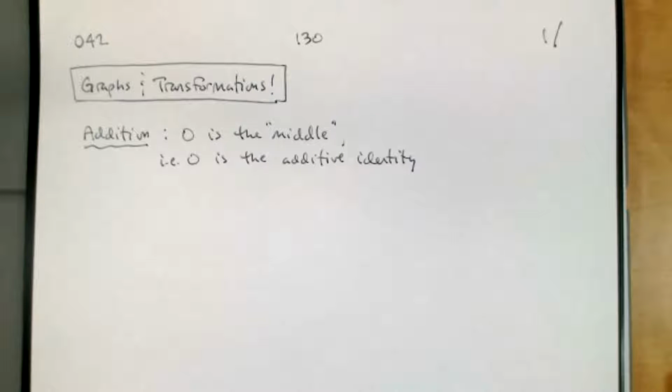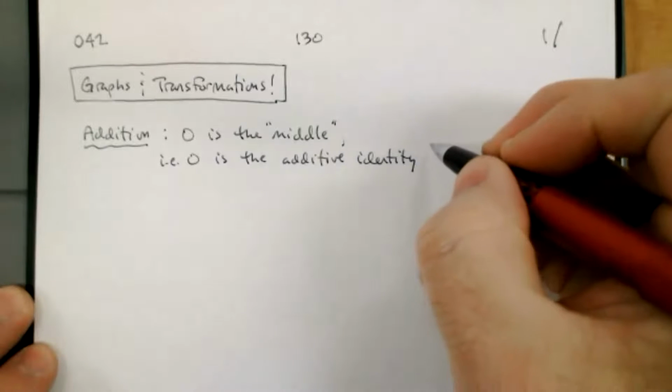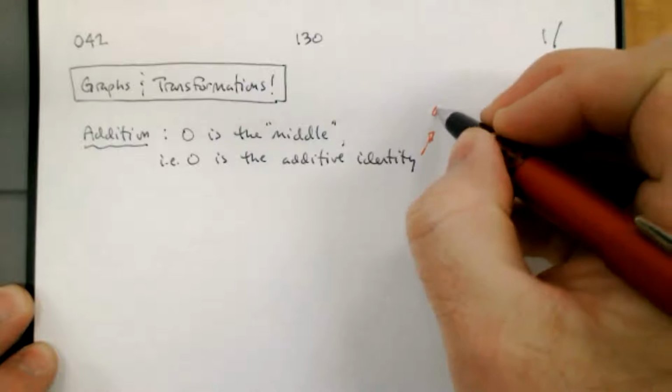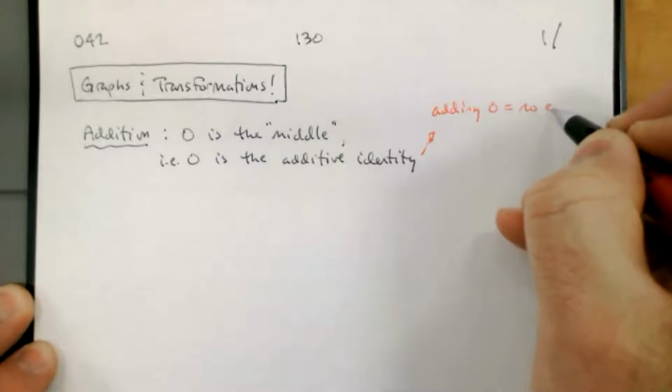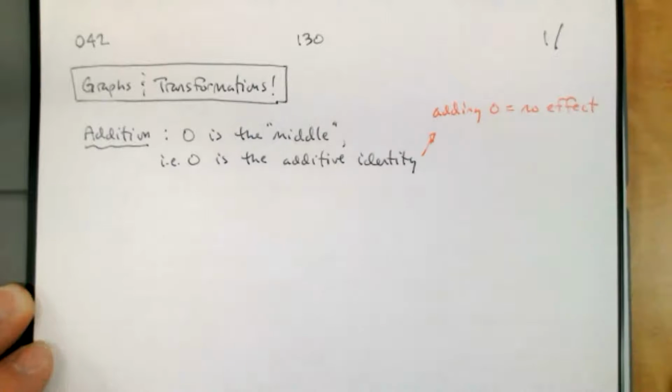This is way more complicated than we need to understand, but we want to put names on things so moving forward, we can see these things show up. Identity means nothing happens under whatever operation. So an additive identity means nothing happens under addition. Adding 0 does nothing. So that's what we mean when we say 0 is the additive identity. Adding 0, no effect.